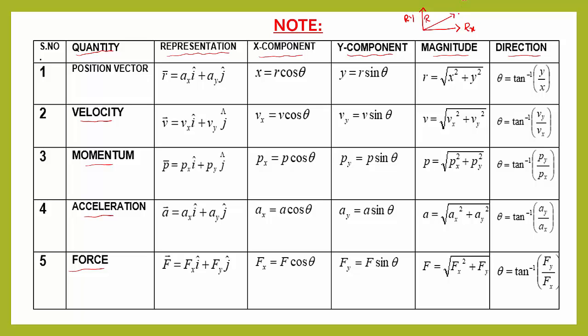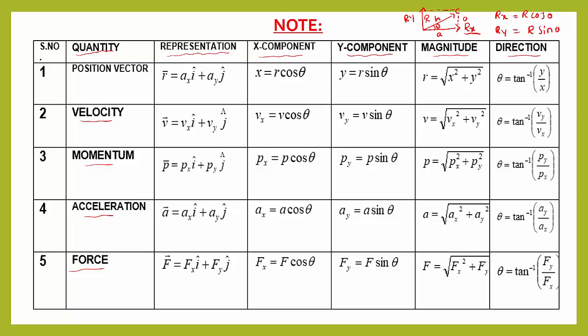Then we found the value of Rx. Rx equal to R cos theta, Ry equal to R sin theta. You can remember in the previous class we studied this angle theta. We just draw a line perpendicular to both Rx and Ry. If theta is here, this is the adjacent side, this is the opposite side, and this is the hypotenuse. We want the value of Rx, so we take the angle here.